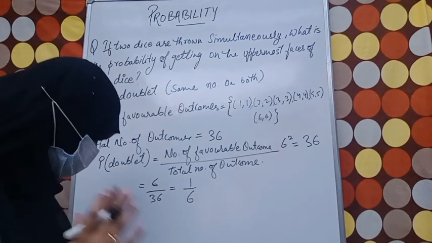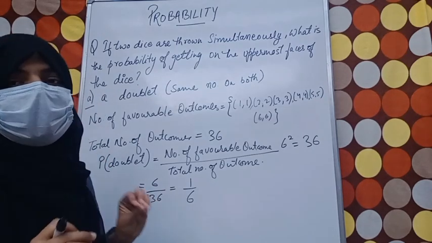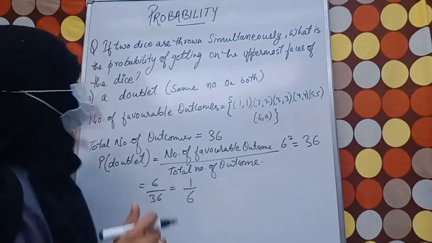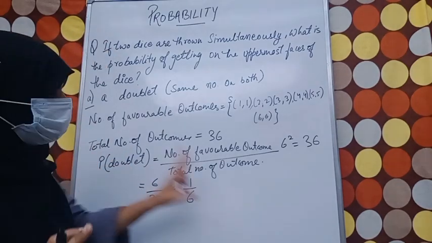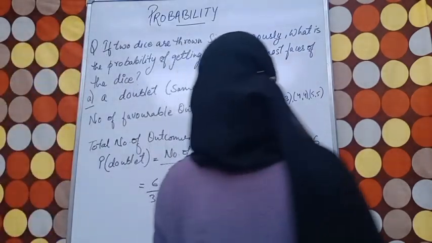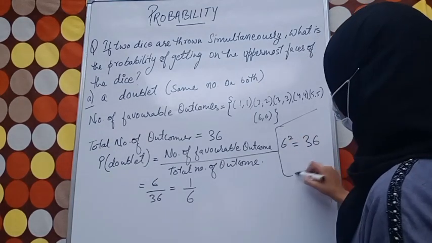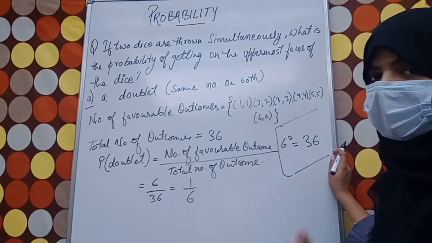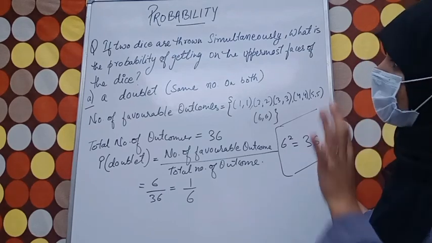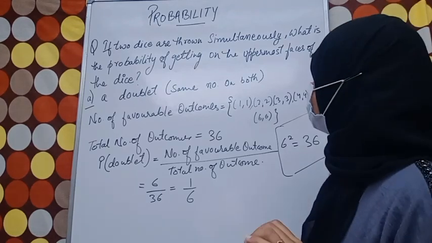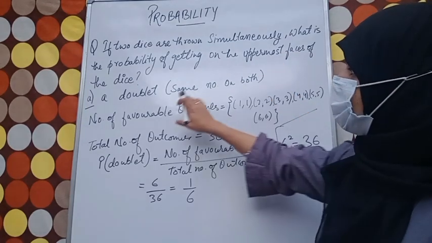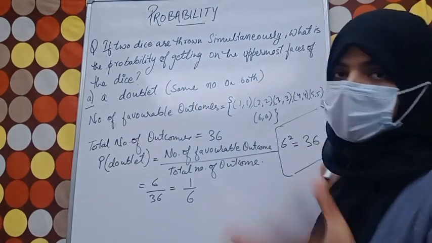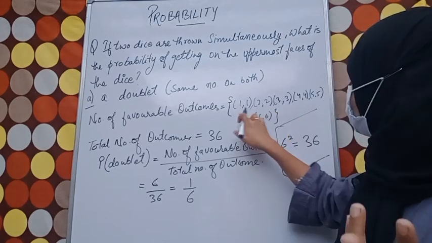What we did was concentrate on a few parts. Like 2 dice are rolled. This is how we came to this. How many total outcomes will there be? 6 to the power 2 will be 36. So the total number of outcomes will be 36. Now the first condition said that on the uppermost we need a doublet, the same number on both. So the same-number outcomes will be these.